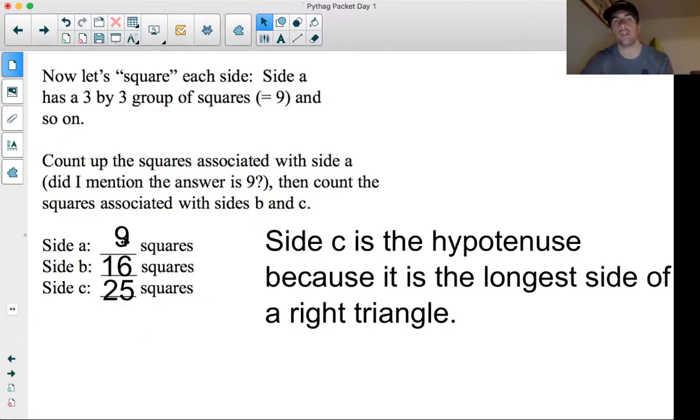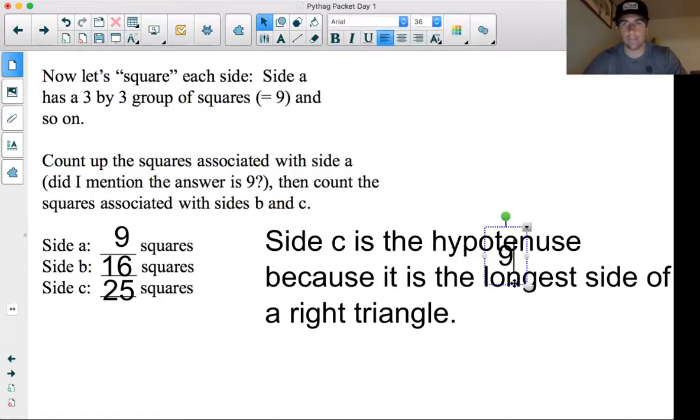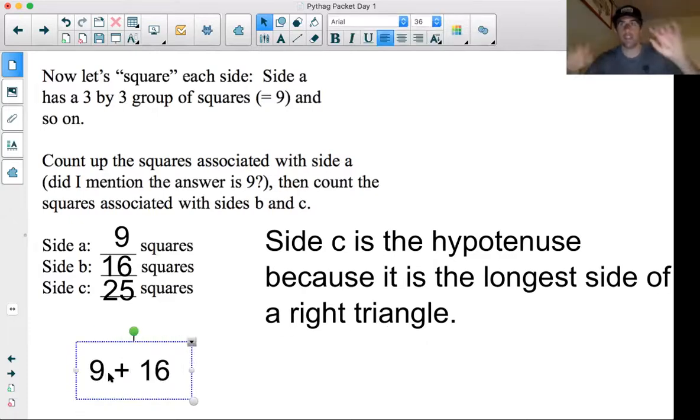Now look at the other two sides, 9 and 16. What do you notice about 9 and 16 there? You guys should come up with this, that if I take the number 9 and add it to 16, so I take the two smaller sides, I add them together, guess what I'm going to get? 25.